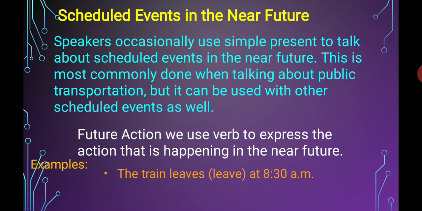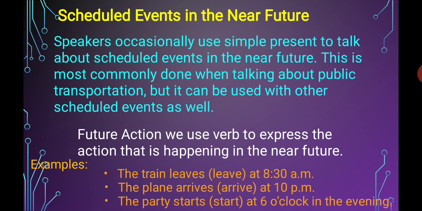Let's see another example. The plane arrives at 10 p.m. First is the train, it is land transport. A plane is air transport. So we are talking about these uses mostly used for a transport schedule.